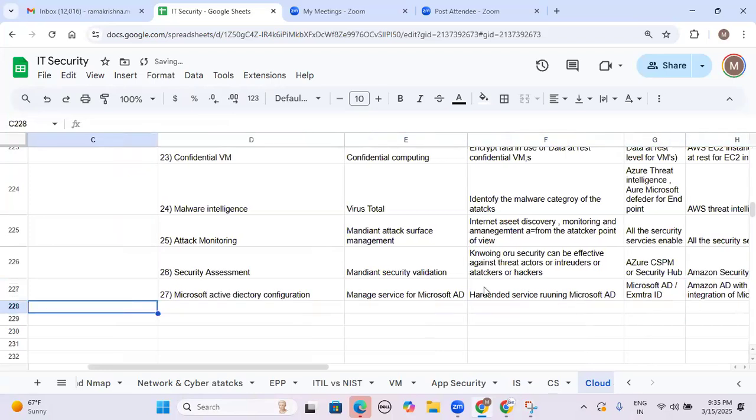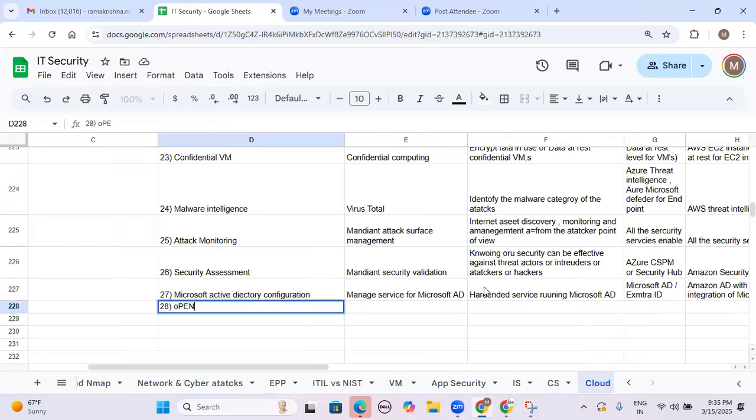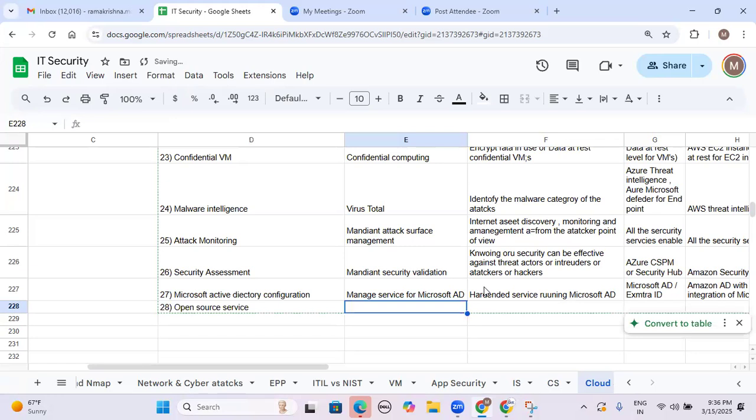So next one, open source service. So what is this open source service under the Google services side here?